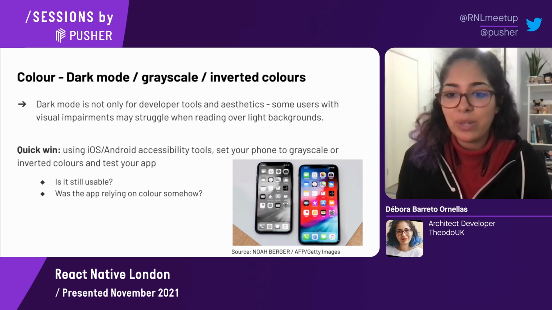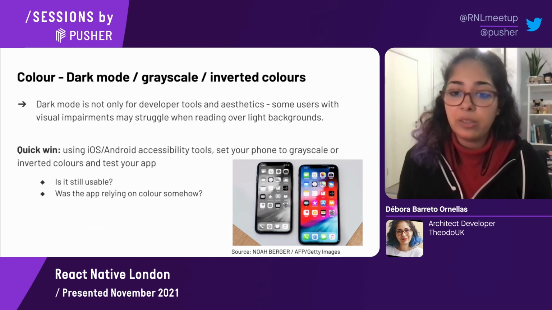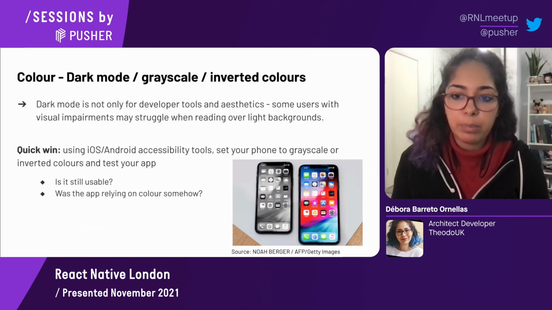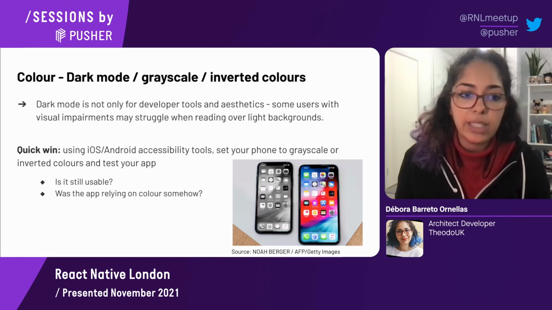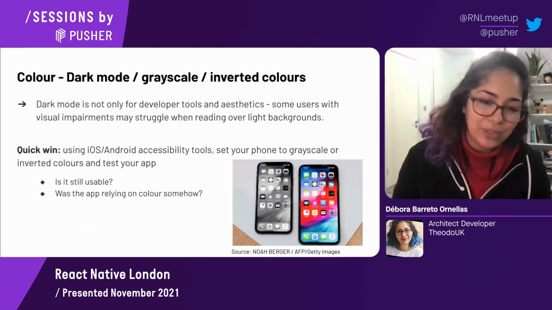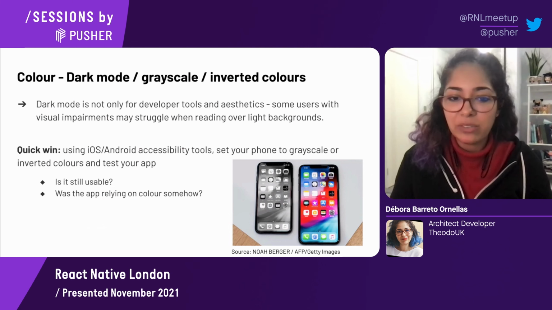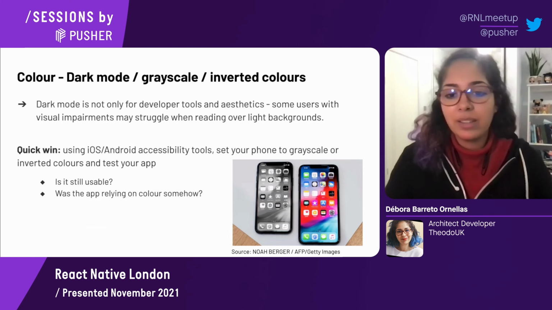I tried it recently, and it's an easy way to test your app for color accessibility. Set your phone to grayscale, go to your app, and check: is it still usable? Was the app relying on colors somehow to communicate error messages or some sort of message that is now lost because there's no color anymore?